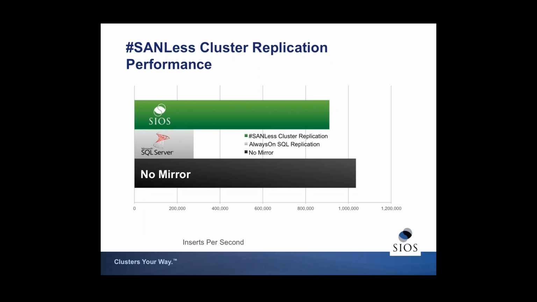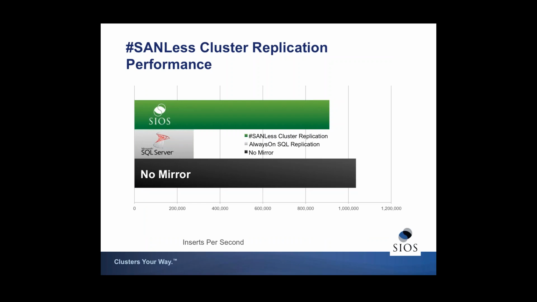So what I brought up here is a comparison between a native, non-mirrored, non-replicated SQL Server, comparing that to Always On availability group replication, as well as DataKeeper replication. And in all scenarios here, when replication is involved, we're talking about synchronous mirroring.